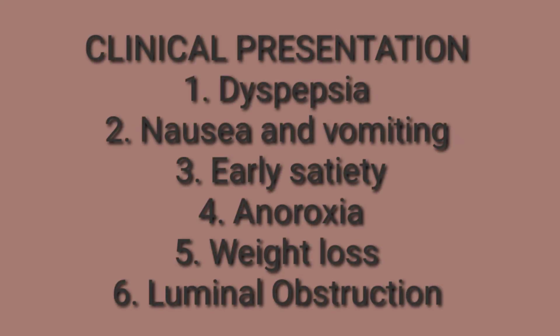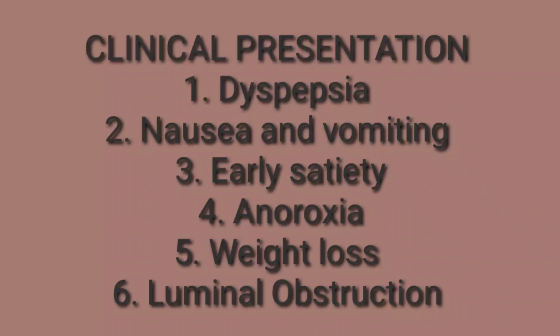Gastric adenocarcinoma presents with dyspepsia and dysphagia. If it is large enough, it may obstruct the normal flow of food to the stomach, so it may cause solid dysphagia as well. There will be dyspepsia, and the patient will have nausea and vomiting. There will also be early satiety.